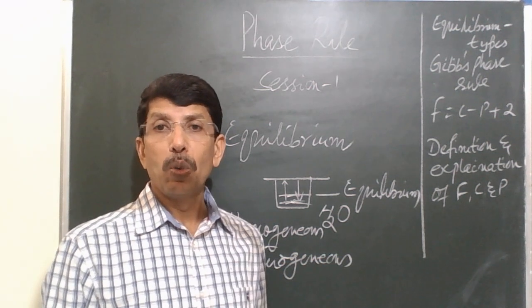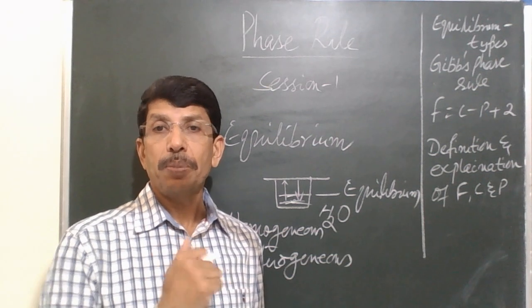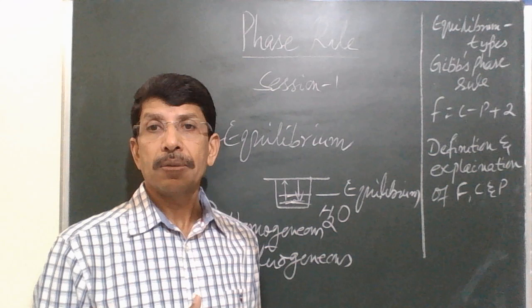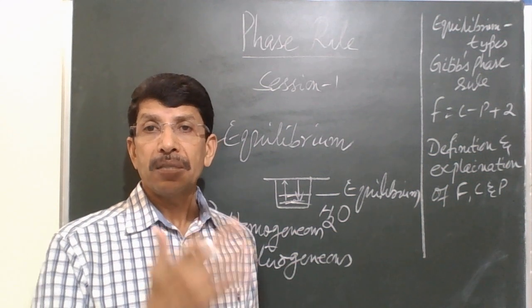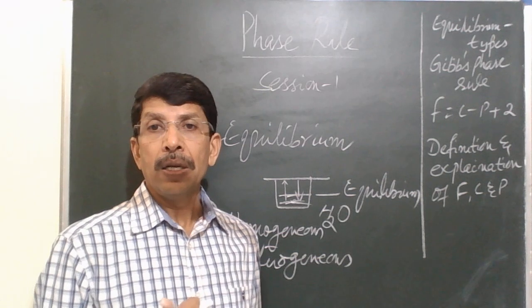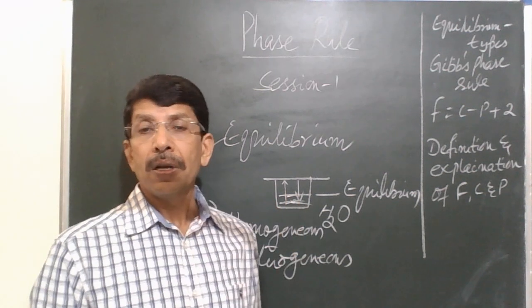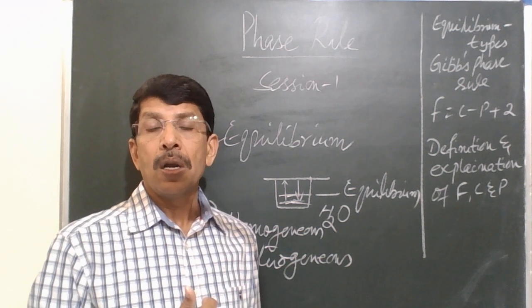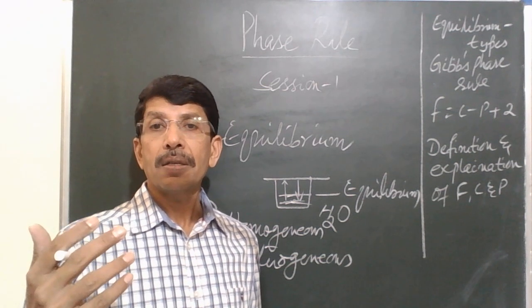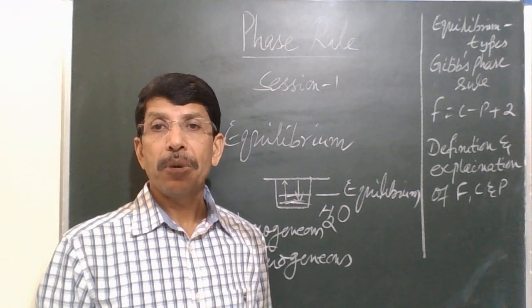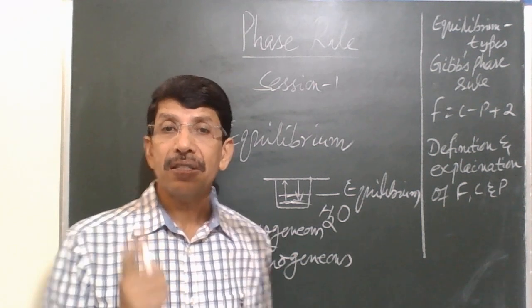Homogeneous equilibrium is the one in which all the species are in the same physical state. When two different physical states are in equilibrium, then that type of equilibrium is called heterogeneous equilibrium.